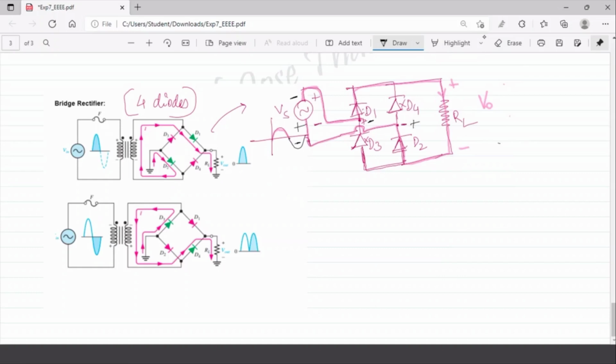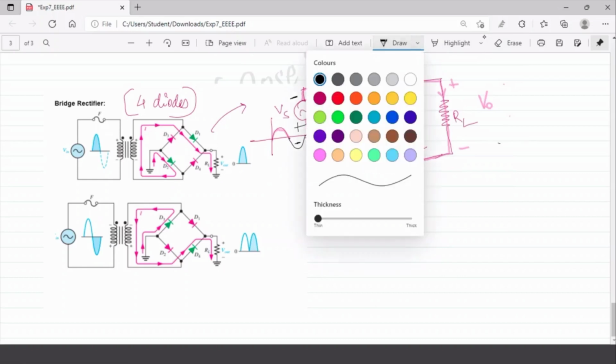Positive means diode D4 will be turned on now. This is forward bias. Positive connected to cathode. This will be disconnected. D2. Negative is connected to anode of D1. This gets disconnected. And negative is connected to cathode of D3. D3 gets forward bias.